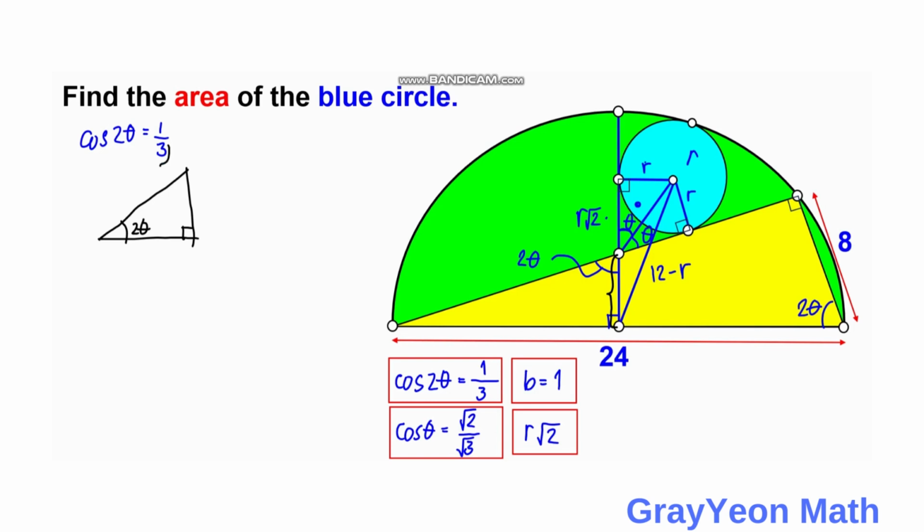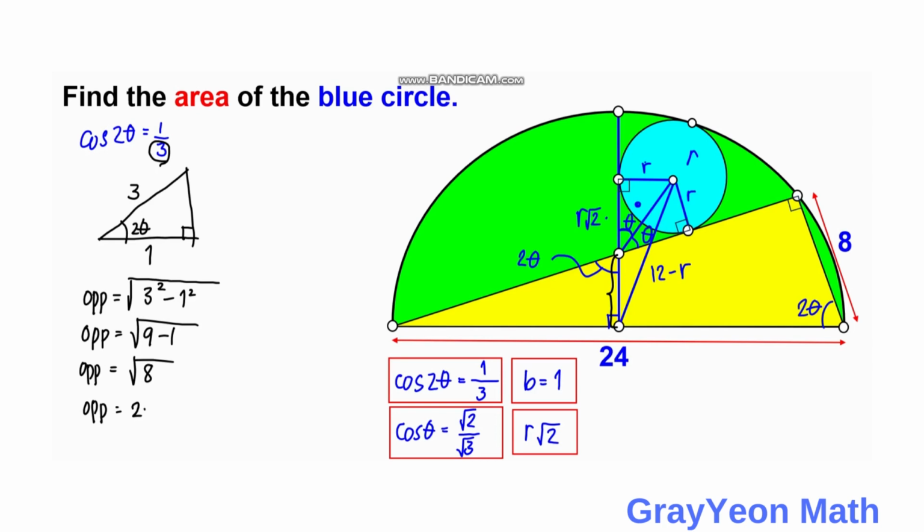So the hypotenuse is 3, and the adjacent side is 1. The opposite side is, by the Pythagorean theorem, the square root of 3 squared minus 1 squared. So opposite is equal to the square root of 9 minus 1, which is the square root of 8, or 2 square root of 2.